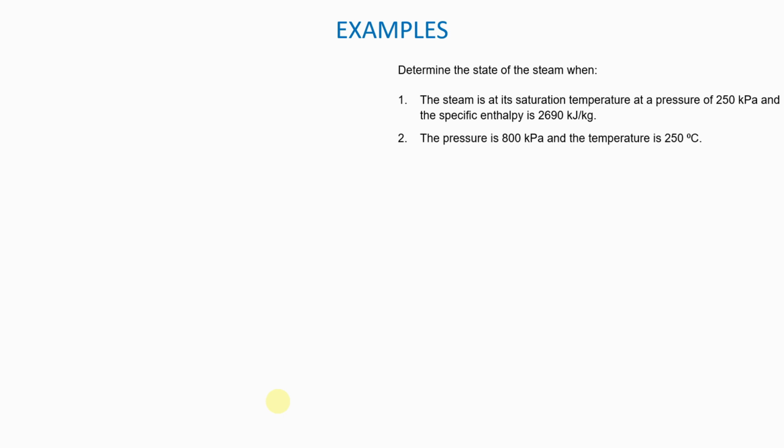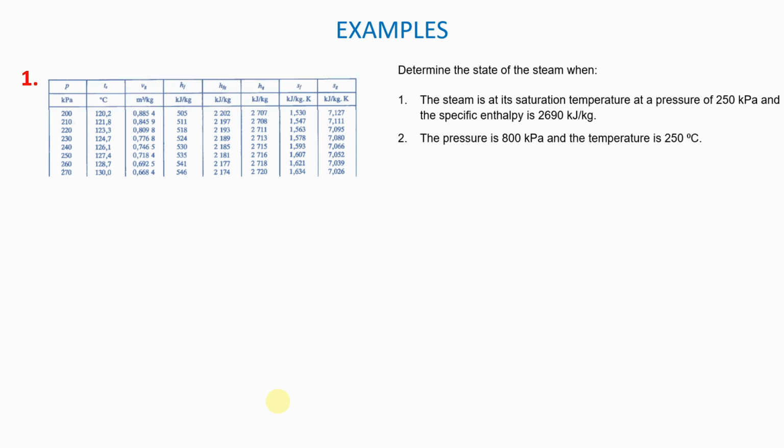Okay, so for the first question here, we need to look at our table, or should I say a portion of it. Here, the steam is at its saturation temperature and a pressure of 250 kilopascals. So when you look at the pressure of 250, you are here. This is the row that is going to be of interest to us.